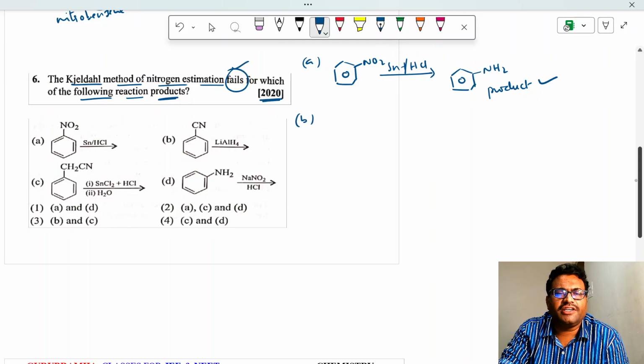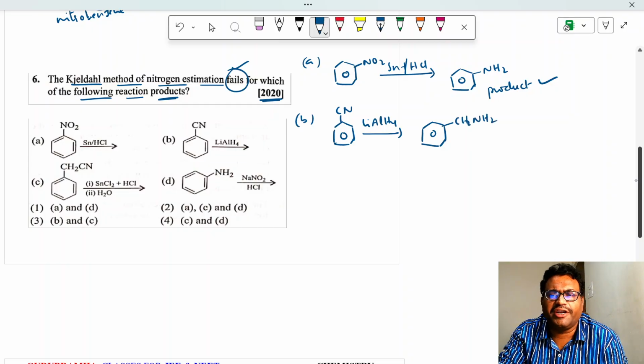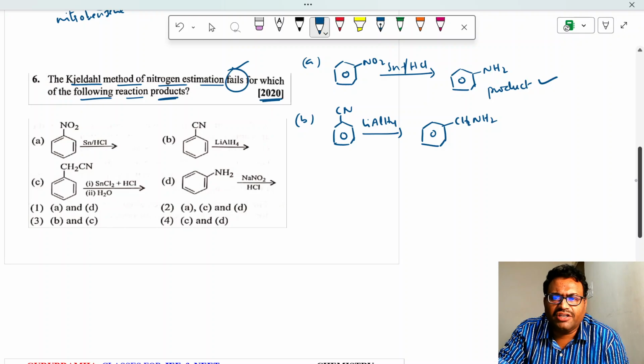Option B, let us take. So CN, cyanide. Lithium aluminum hydride gives you CH2NH2. Now there is no nitroso, nitrogen is not in the ring, so it is also possible to estimate nitrogen from this compound.